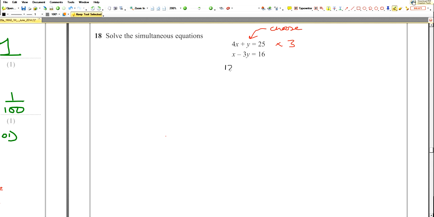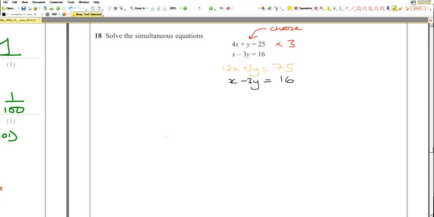So that gives us 12x plus 3y. I forgot to multiply the 25, folks. Thank you for reminding me, Taba. That gives us 75. Lovely. Let's put the second equation back down. So we have under that x minus 3y is equal to 16.